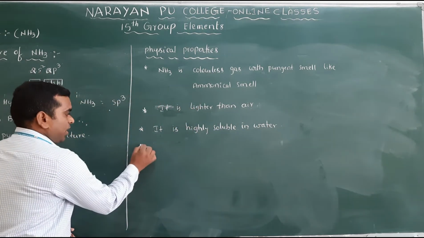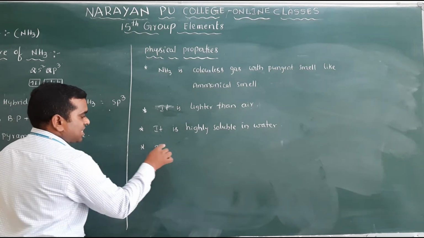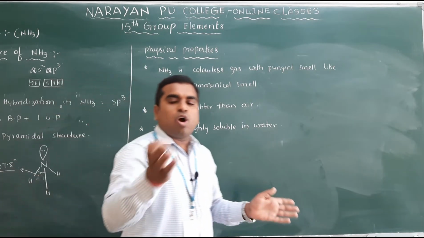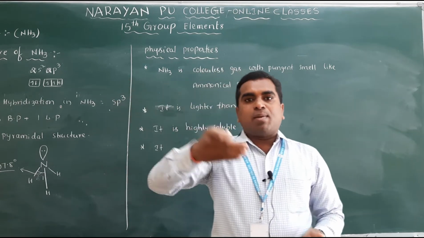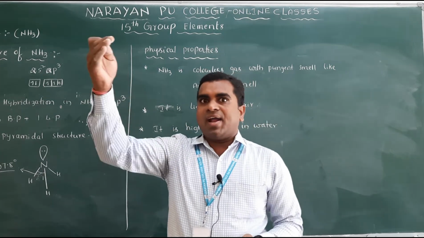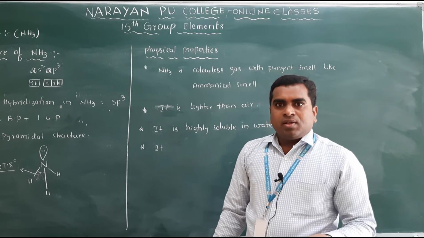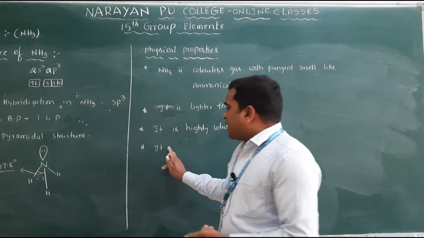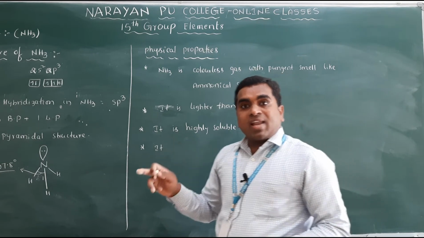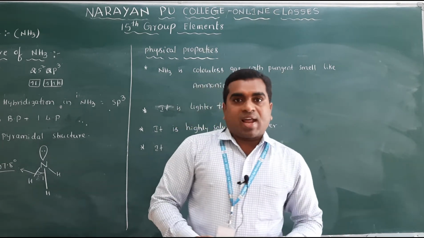Clear? So the next point. I already mentioned that ammonia has a higher melting and boiling point compared to the hydrides of the remaining 15th group elements. Why? We have already discussed, because ammonia can form intermolecular hydrogen bonding.